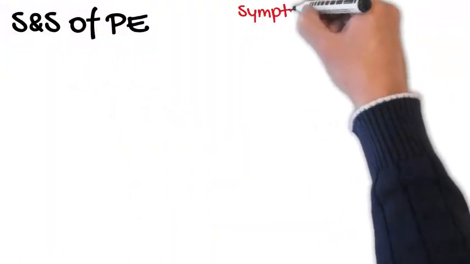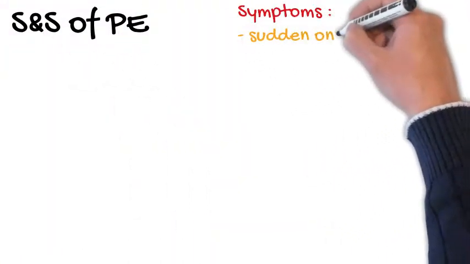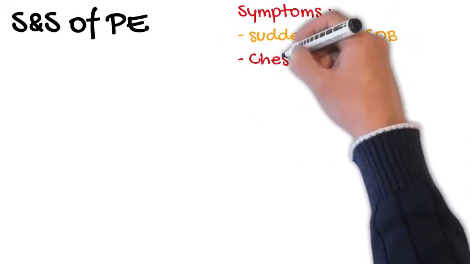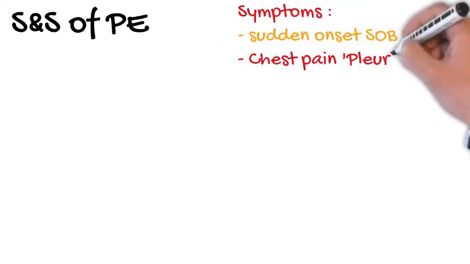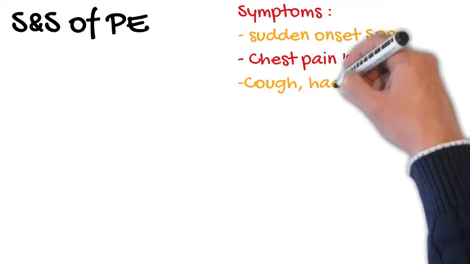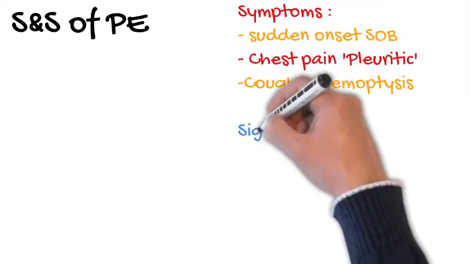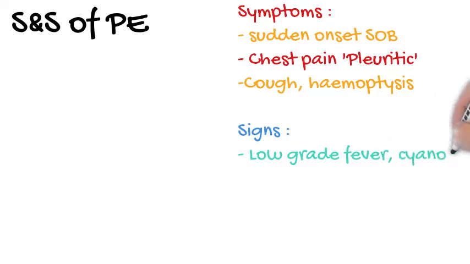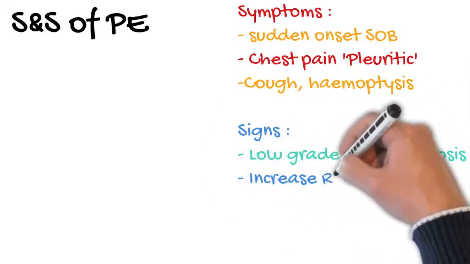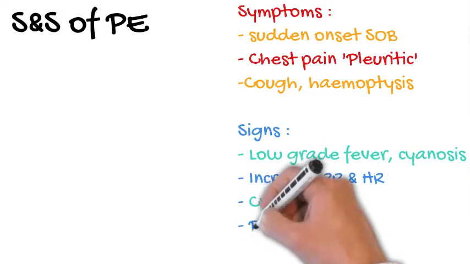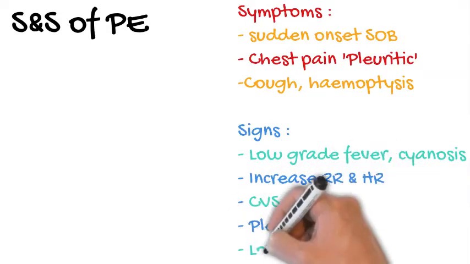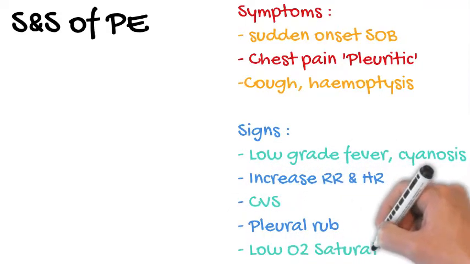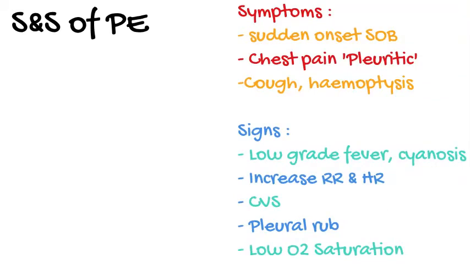The symptoms: usually the patient presents with sudden onset of shortness of breath, chest pain of pleuritic in nature, worsened by breathing, cough, hemoptysis. Physical examination, usually the signs are low-grade fever, cyanosis, increased respiratory rate, increased heart rate.